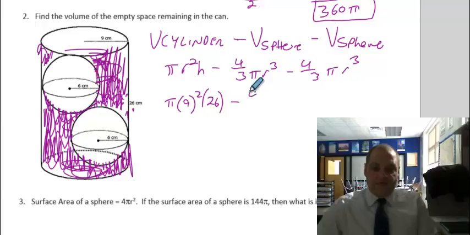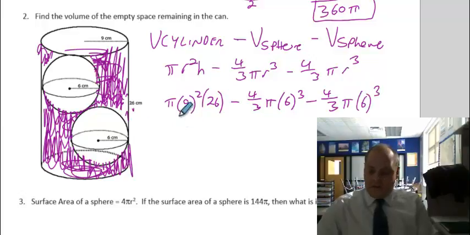And then this is going to be 4/3 pi, the radius of these spheres is 6, and then the same thing again. So this is going to be 2106 pi minus 288 pi minus 288 pi again.